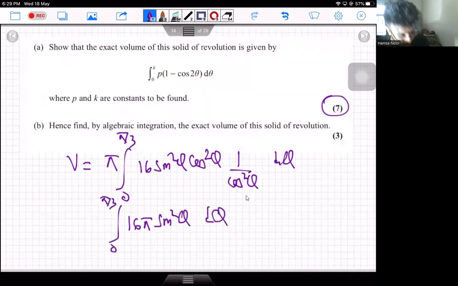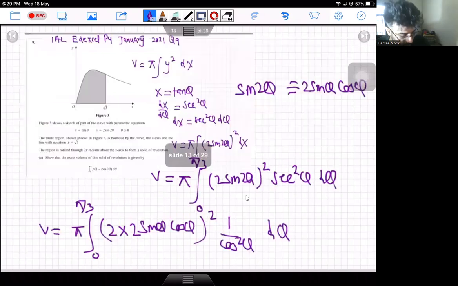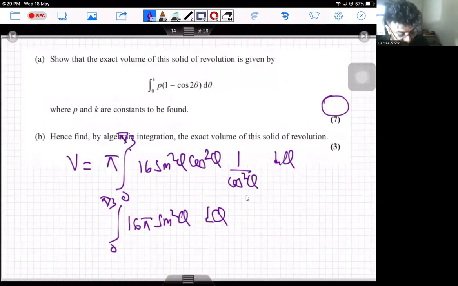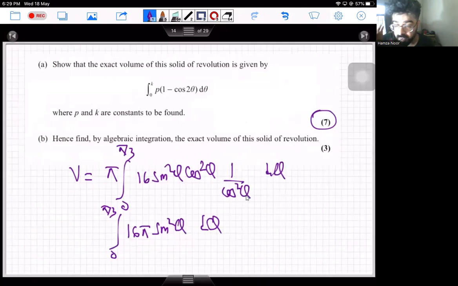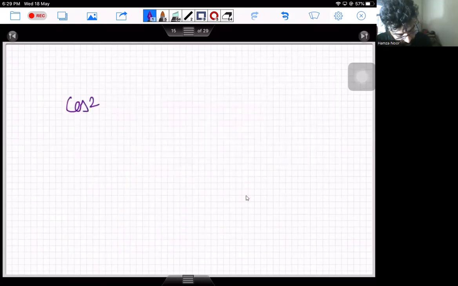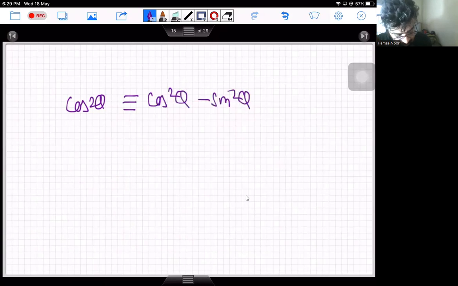Now in place of sine square theta, we need to write something in this form. And as we know, the trigonometric identity for cos 2 theta, there are 3 types of identities. Cos 2 theta can be expressed as cos square theta minus sine square theta.